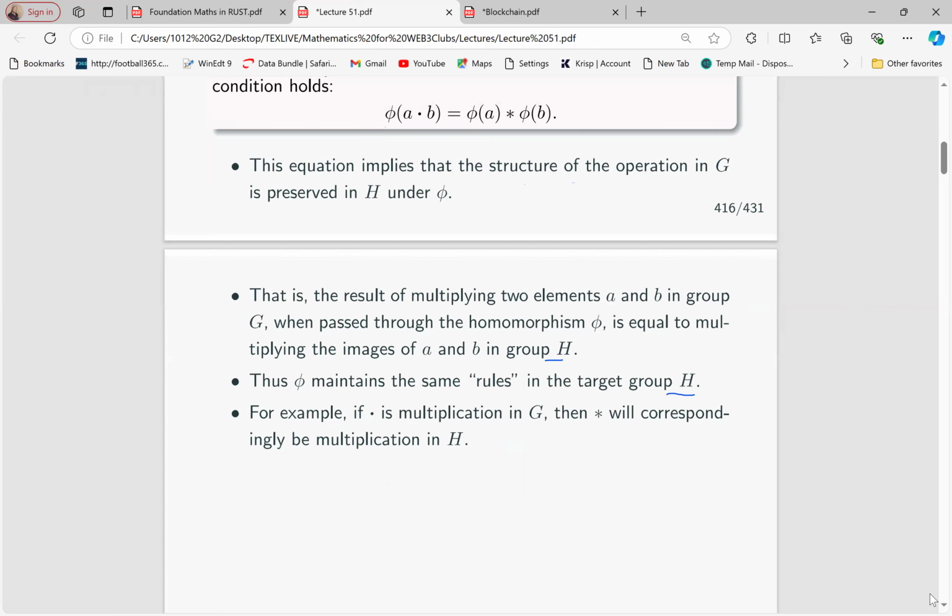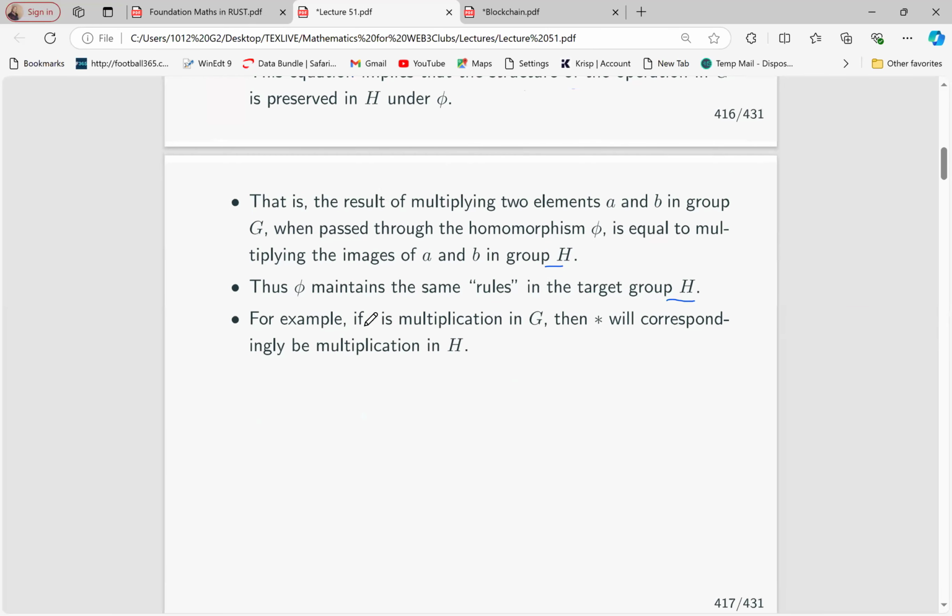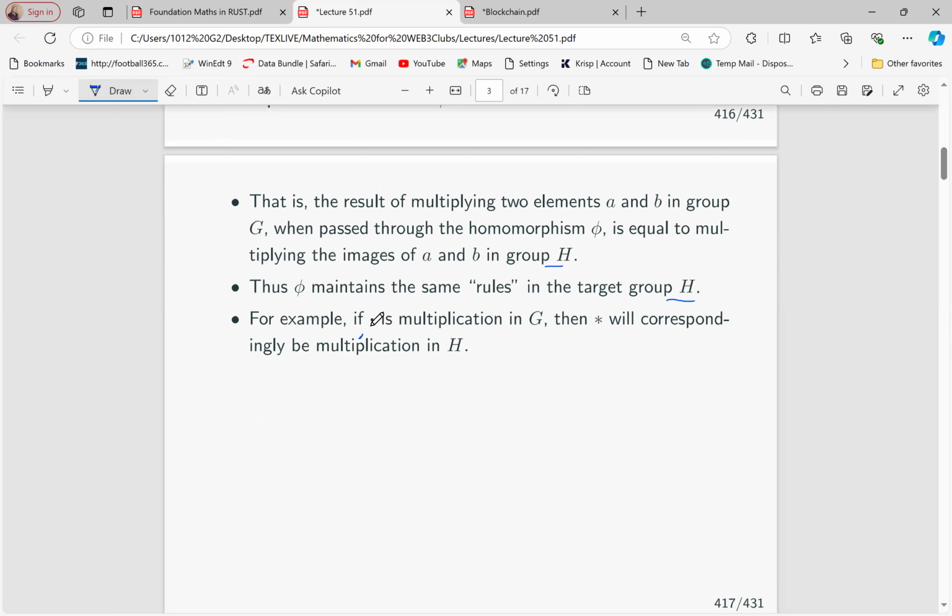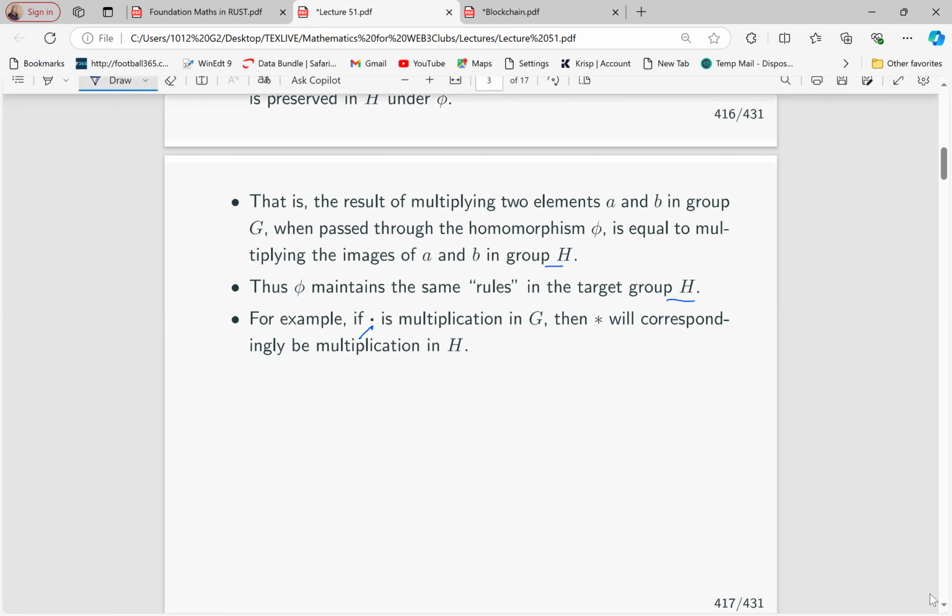Good. That is about the definition. And what I used in the definition was general, so it could mean either multiplication or addition. It could mean either of the two.